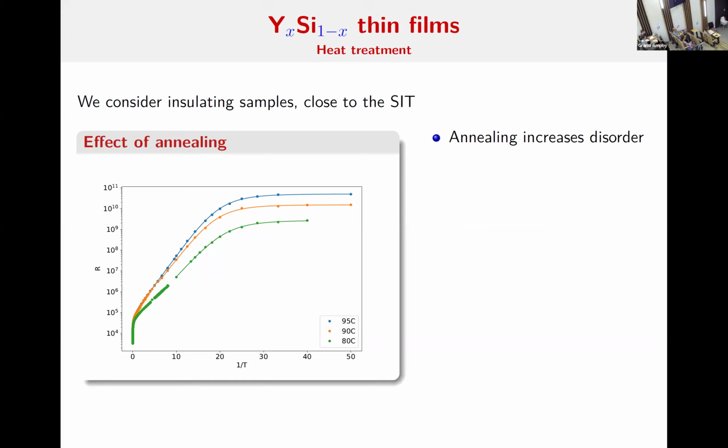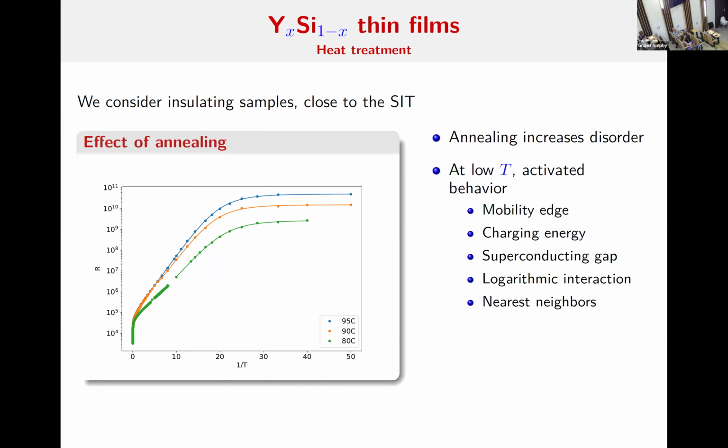So to have activated behavior is not crucial, but is fairly important. And the reason for the activated behavior, I think, is not clear at all. Depending on the material, there may be a different source of why there is activation.